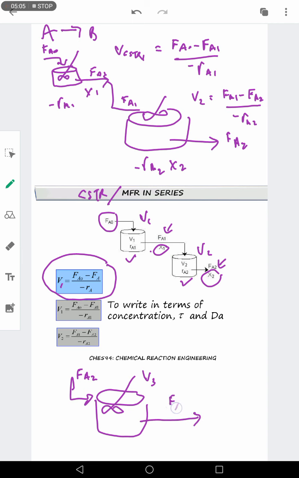So what comes out is FA3, for example, with X3 and RA3. Meaning that your V3 equals FA2 minus FA3 over negative RA3. Okay, this is how you calculate the volume for each reactor, because sometimes the volumes are not the same. Volume 1 is not the same, volume 2 is not the same, volume 3 is not the same.